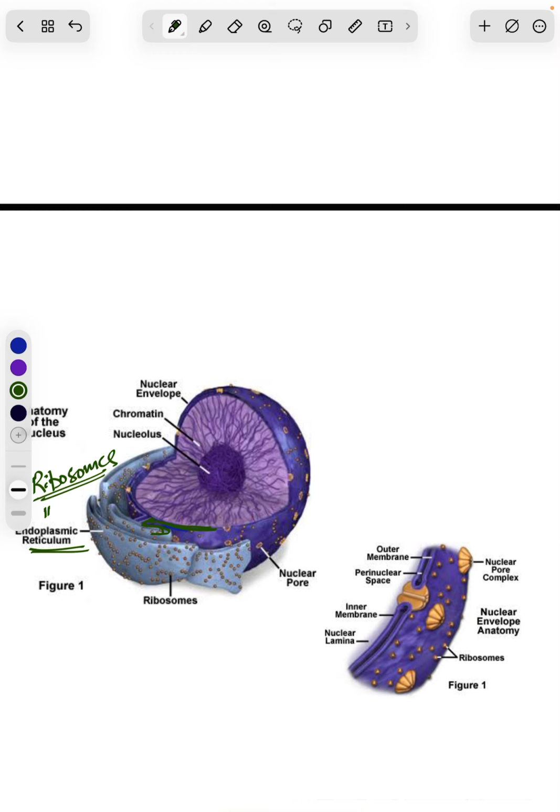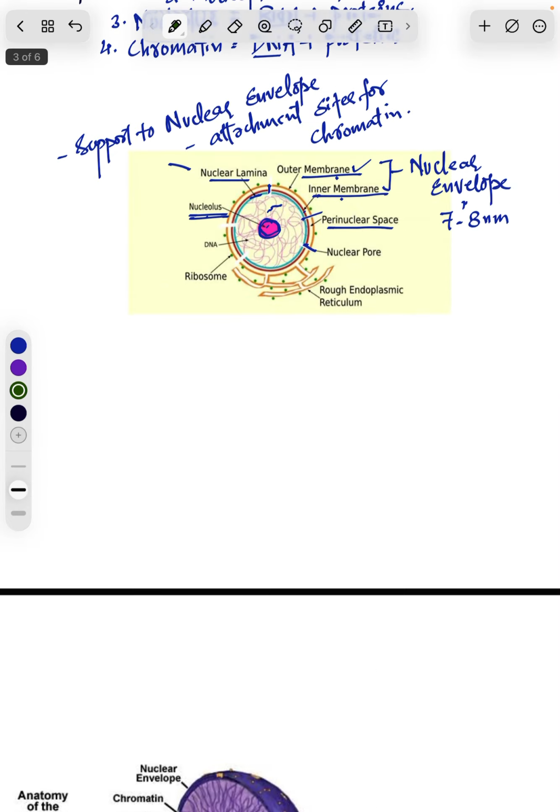Here you can see the outer membrane and this one is the inner membrane. So in between these two is the perinuclear space. Then we see the nuclear pore. Here you can see the nuclear pore. It is the most distinctive feature of the nuclear envelope.